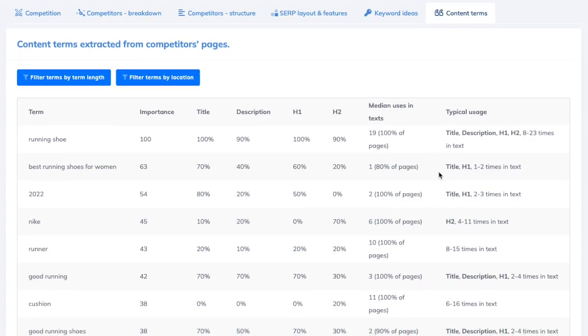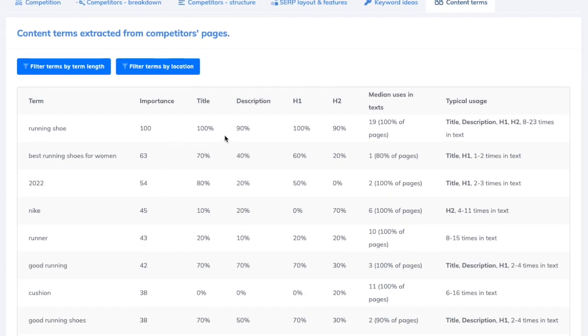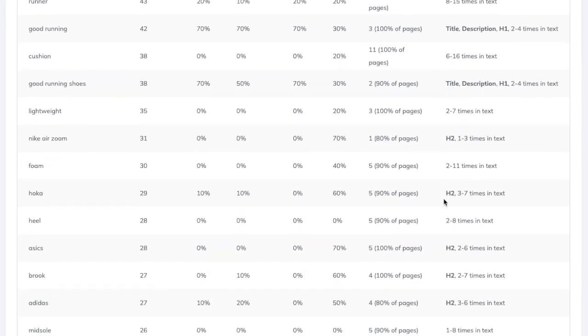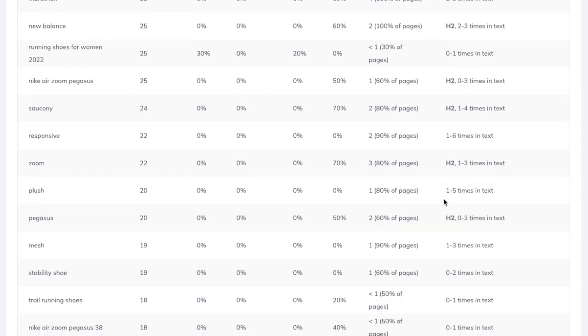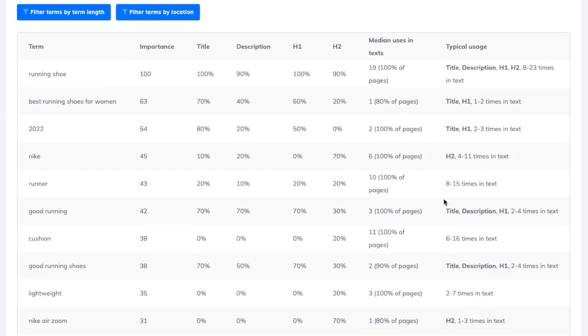Here you will have information like density mainly, so how important a specific keyword is. If you just look for, let's say, running shoes, you see that our importance of this keyword is 100. We have it here, running shoes. We have it in 100 titles of the competitors, 90% of descriptions, and so on. So you can quite easily understand why, for example, we place a specific keyword in specific recommendations.